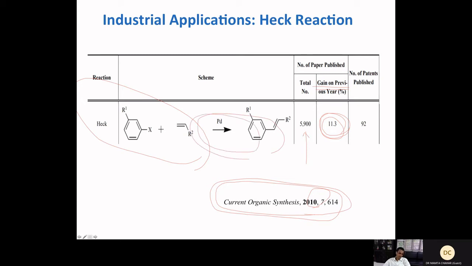Of course, at the beginning of these sorts of studies, the reaction mechanism was not well understood. It took some time, but eventually it was understood that it is possible to do these sorts of reactions, right?